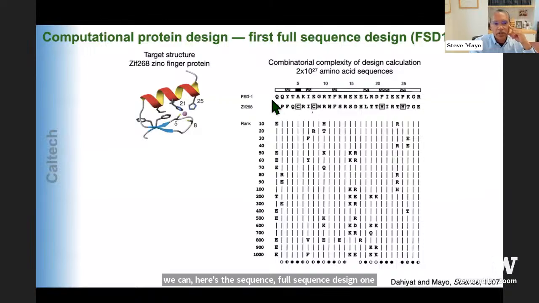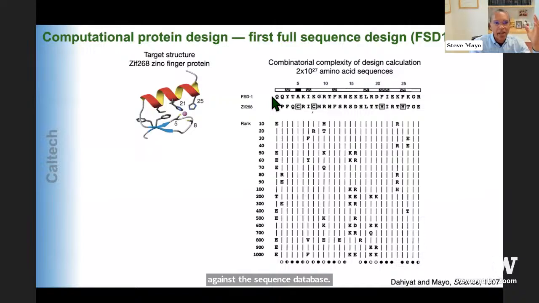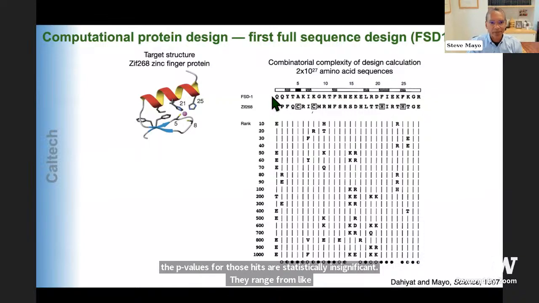You can see the sequence is very different. It's a very novel sequence. If we BLAST this sequence against the sequence database, we get hits that have as high as 36% sequence identity, but the p-values for those hits are statistically insignificant. They range from like 0.6 to 1.0, so highly statistically insignificant.